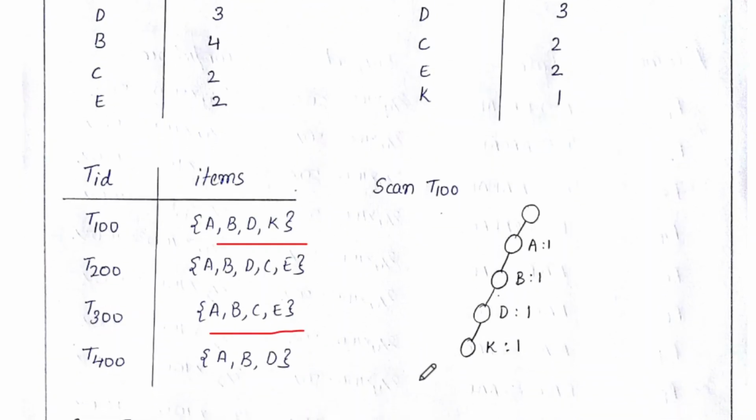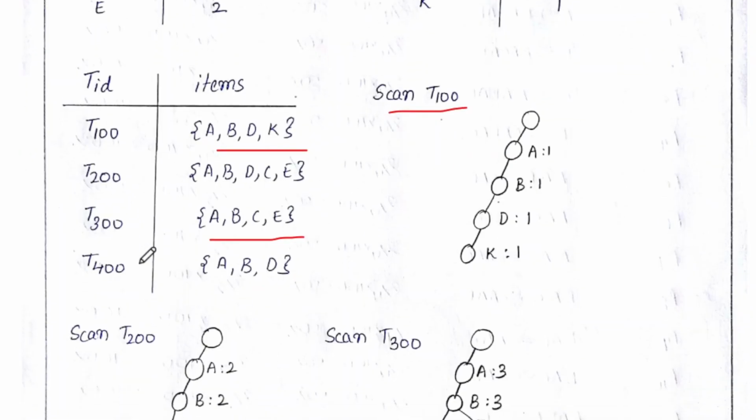Now the next one is generation of the tree. How to generate the tree? The first step is to scan the transaction T100. Now how am I going to generate the initial tree? First I write the first item A, but how many times is it repeated?